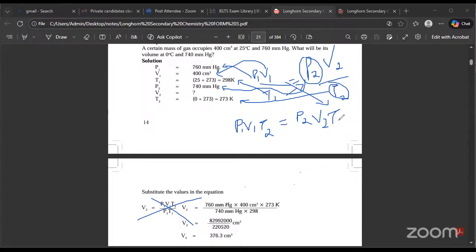Alafu una divide sasa P2 na T1 hapa, alafu pia inakuja this side P2 na T1. So this and this go. So you end up getting this one, but you don't start from there.